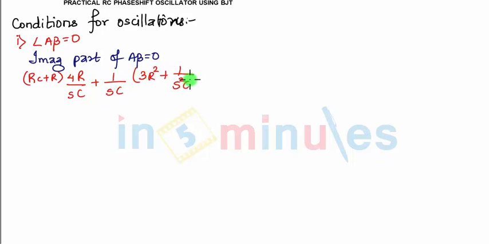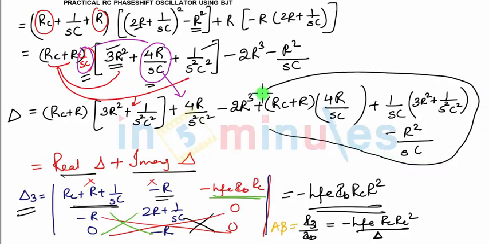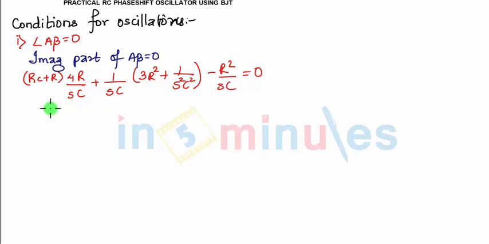So we are taking the imaginary terms, minus R square S into C from the previous equation. From this part we are taking this entire expression for the imaginary part. We can solve this as 4R into RC plus 4R square plus 3R square plus 1 upon S square C square minus R square is equal to 0.